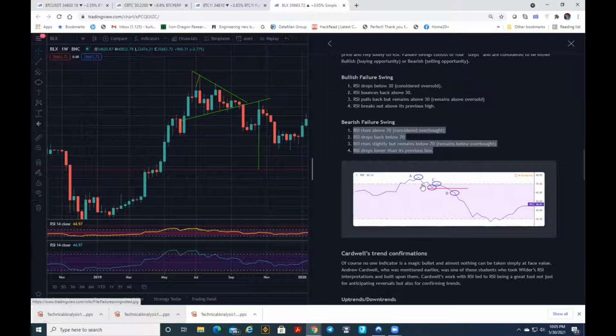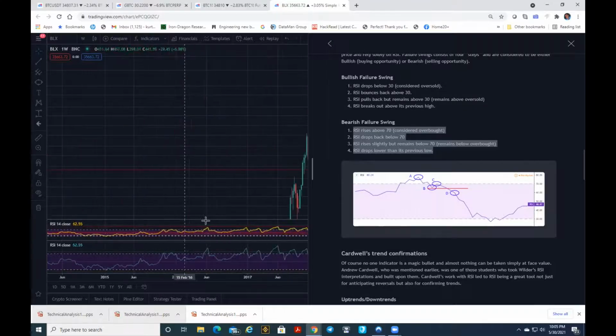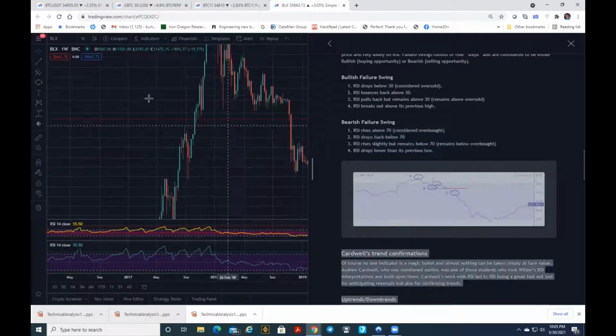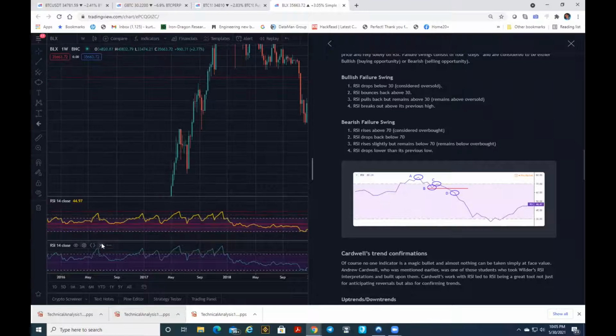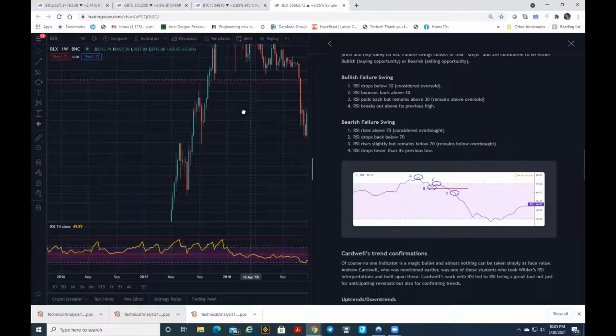So it came up, and this is why the 70 mark on the RSI is very important, because it's considered the overbought zone. But often when it's in that overbought territory, a perfect example is on this previous bull run that we had in 2017.